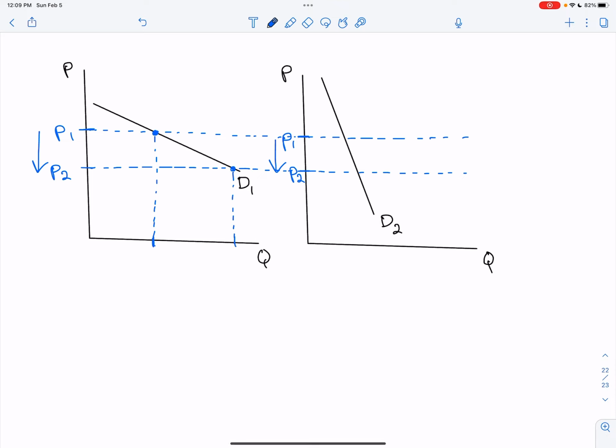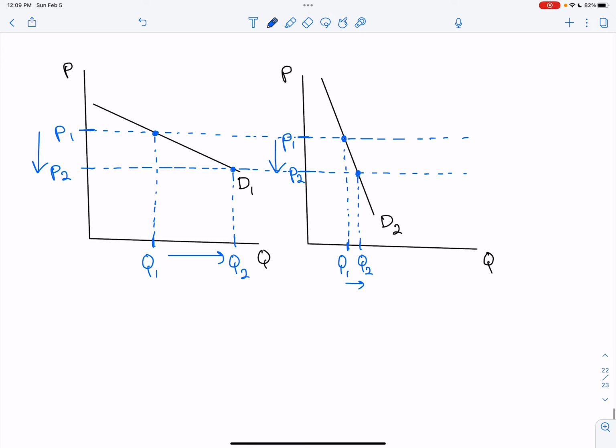Now, on the first graph, our change will be from Q1 to Q2. So it'll be a fairly large change, right? Whereas in the second case here, you'll notice that the change is relatively small. Okay, just a little arrow like that.